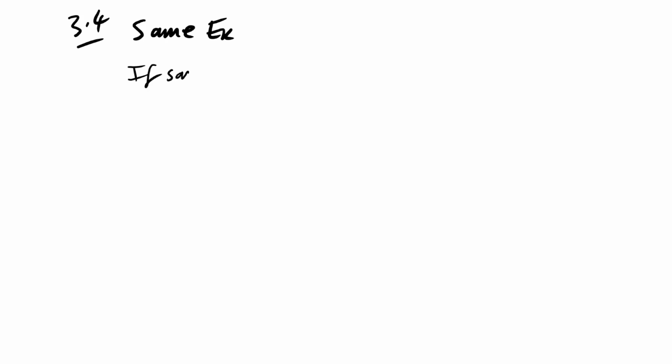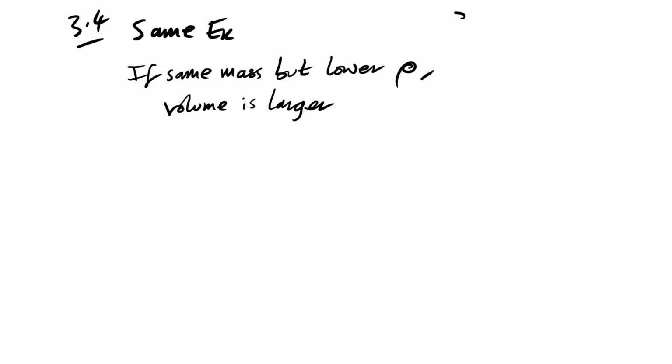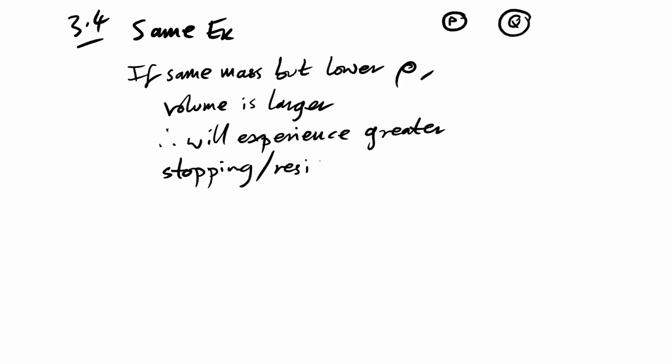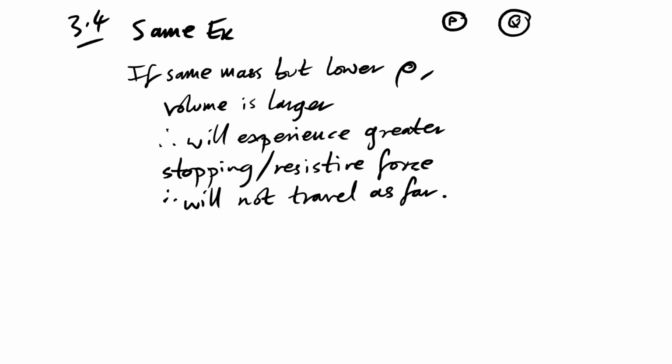So if same mass but lower density, volume is bigger. So if this is P, this is Q. And so therefore bigger area, we're going to say therefore will experience greater stopping or resistive force, therefore will not travel as far. Can we please have a proper question?